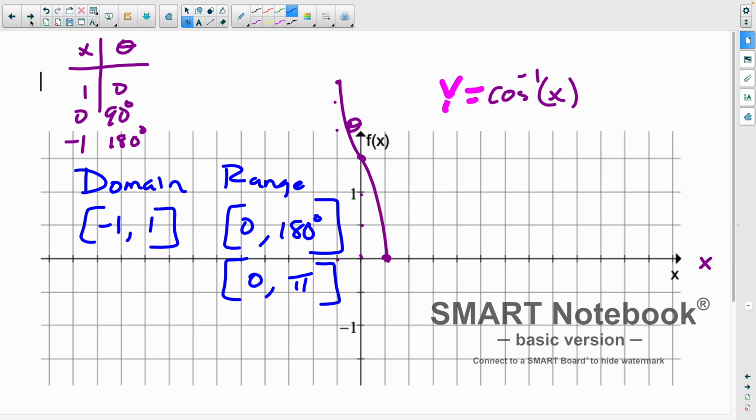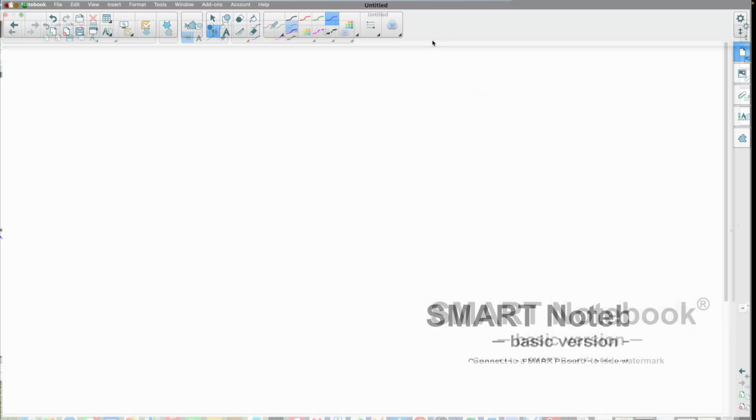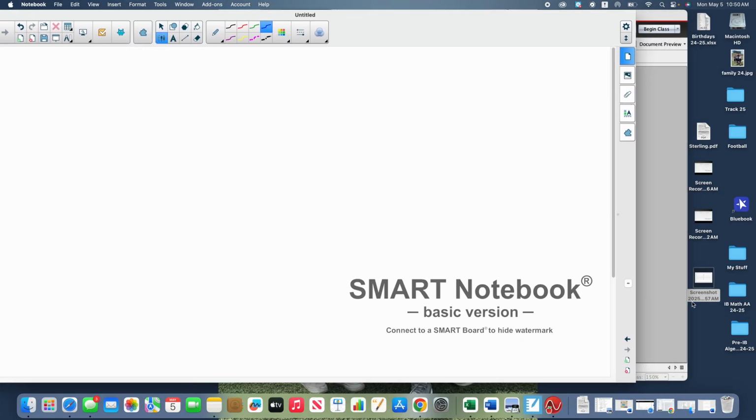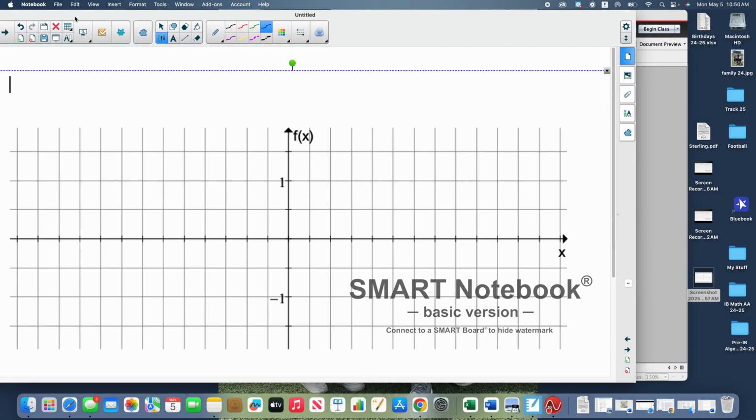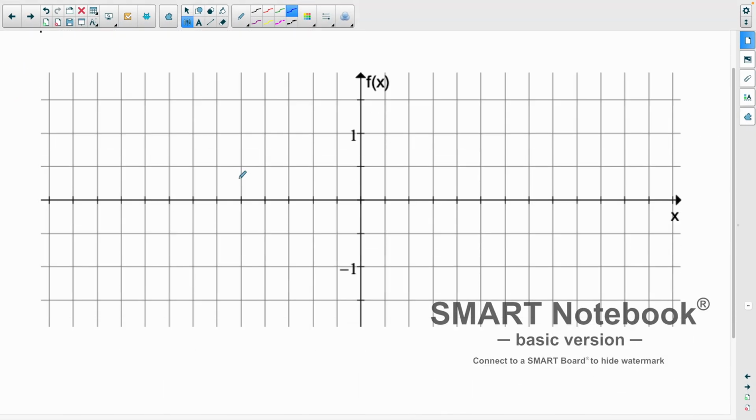All right. Let's do one more graph. So let's go look at a tangent graph. All right, what do you remember about a tangent graph? We just talked about that last week.